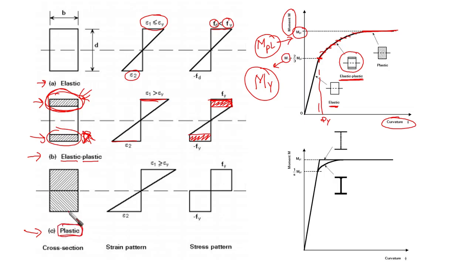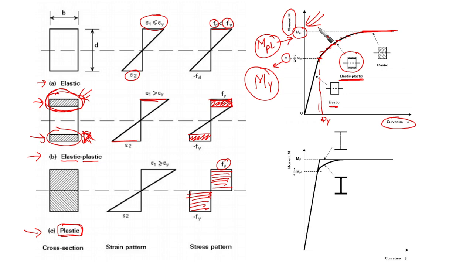The entire cross section reaches yield and exceeds it. As you can see here, the whole section is reaching yield, so it is at the yield level. This is what we call M plastic.